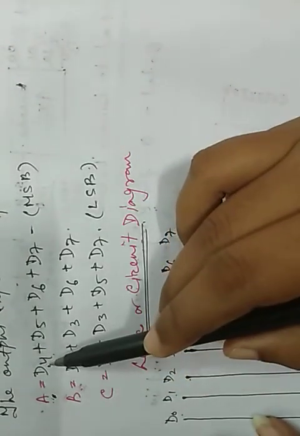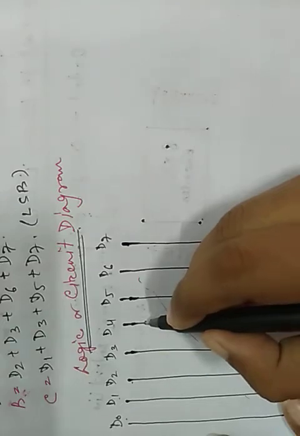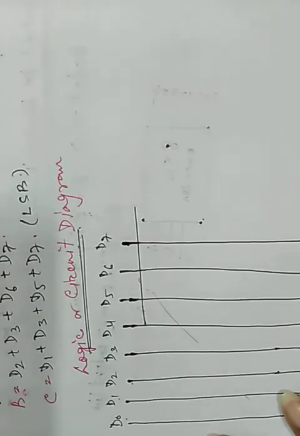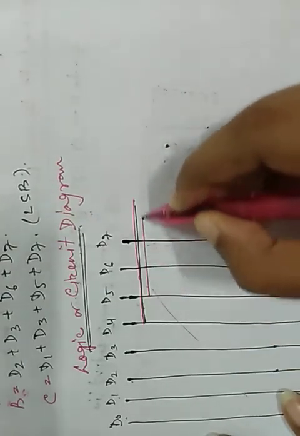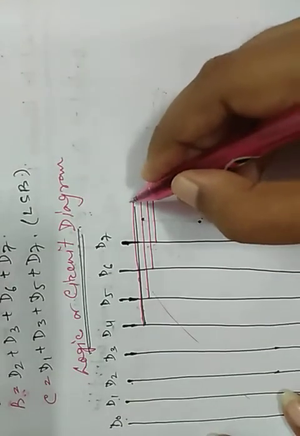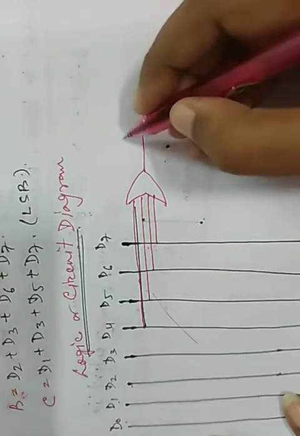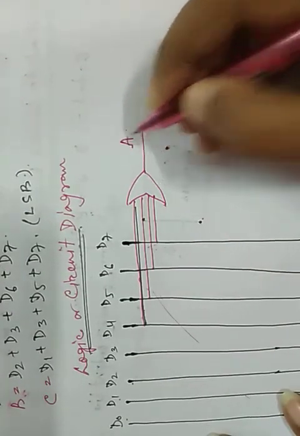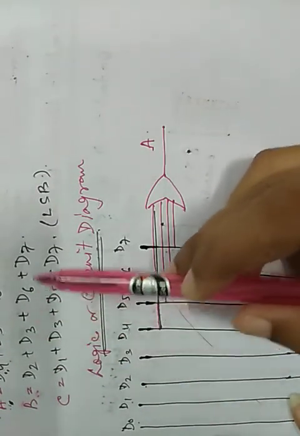For the value A, we take the OR of D4, D5, D6, D7. This is our A. For B, D2, D3, D6, D7.